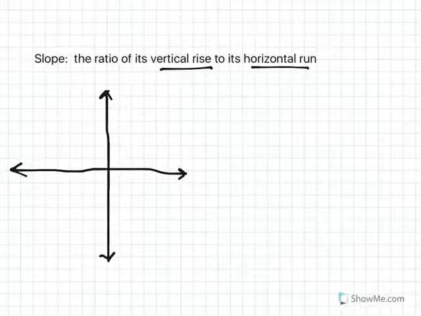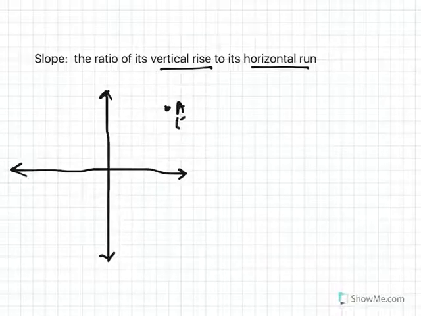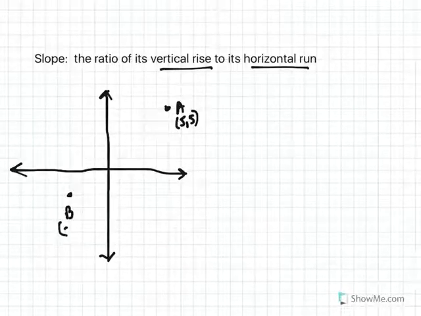So let's say we have a line that is 1, 2, 3, 4, 5, 1, 2, 3, 4, 5. That is A is 5, 5, and B is -3, -2.